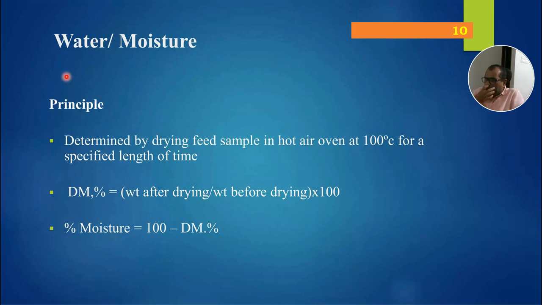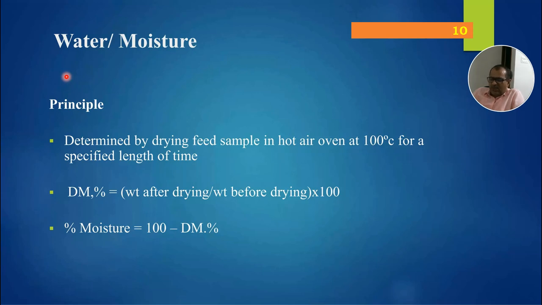So the dry matter percent is equal to the weight after drying divided by the weight before drying into 100. Or the percent moisture is equal to 100 minus dry matter percent. So both of them are the same.